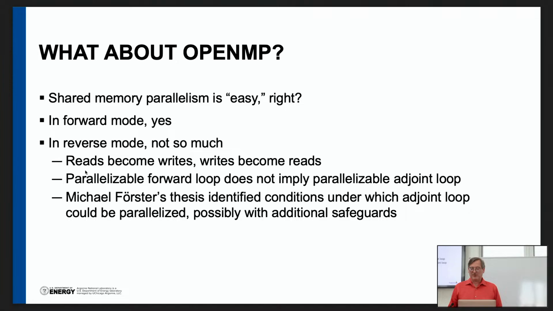In reverse mode, not so much. Reads become writes, writes become reads. We heard that in the first talk. And a parallelizable forward loop doesn't imply that the adjoint loop is parallelizable. And so I think Michael Foster's thesis is the one that first identified the conditions under which the adjoint loop could be parallelized, possibly with some additional safeguards.